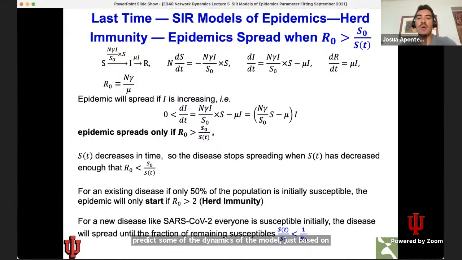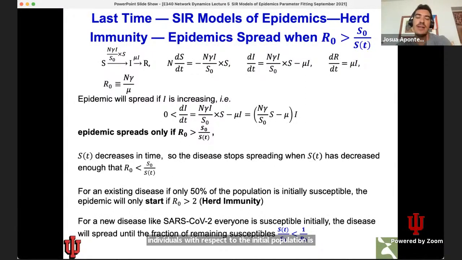For example, we can determine when the epidemic will start to decrease, and this is when S over S naught, the fraction of susceptible individuals with respect to the initial population, is smaller than 1 over R naught.